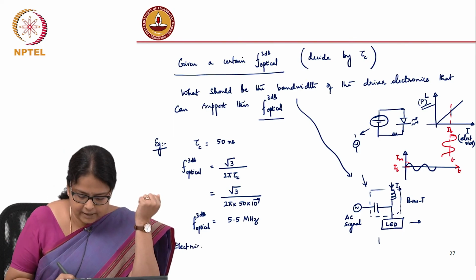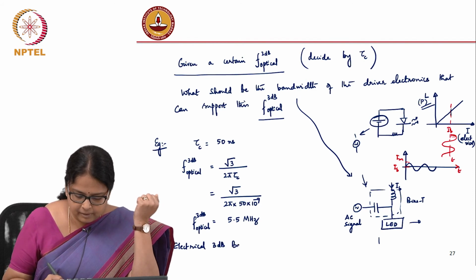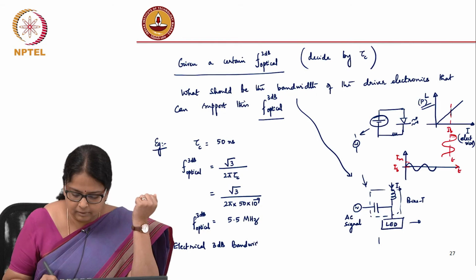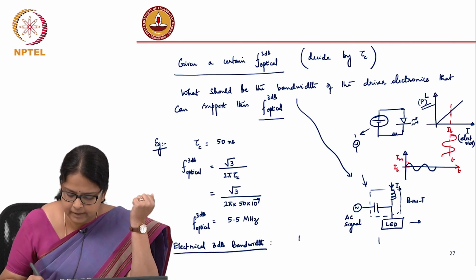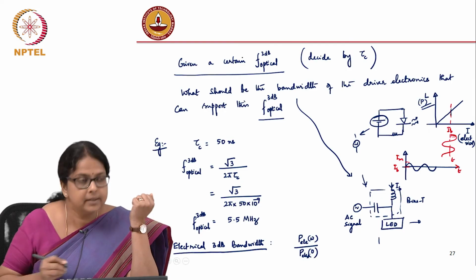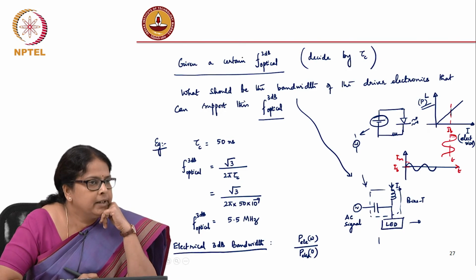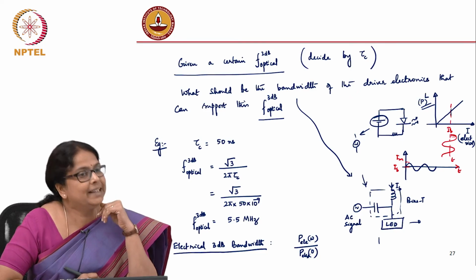You can find the electrical 3 dB bandwidth by using this ratio, P electrical at omega divided by P electrical at 0 frequency. You should be able to find it from the electrical transfer function.